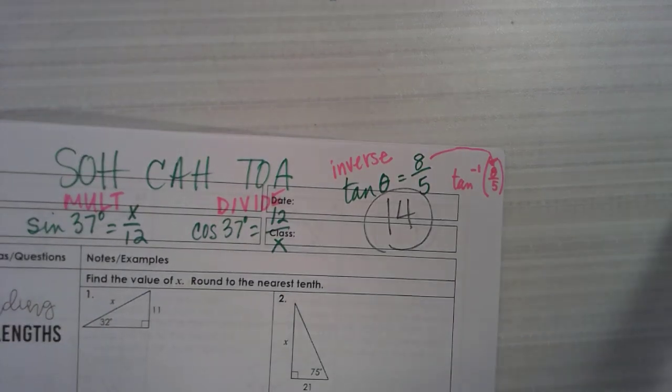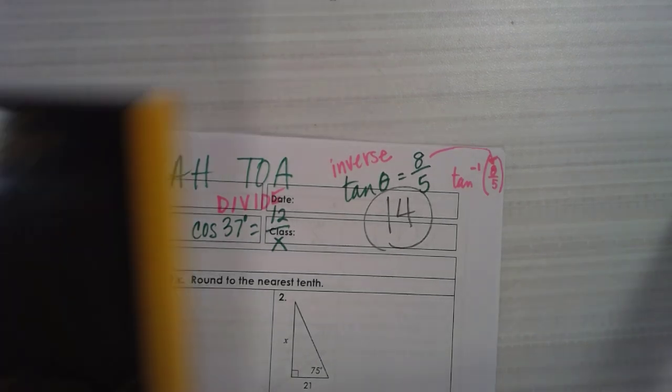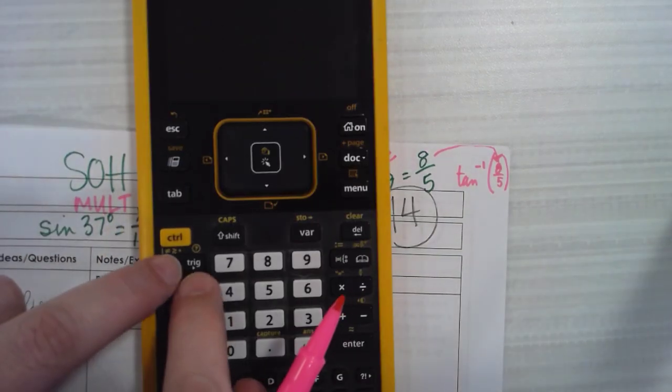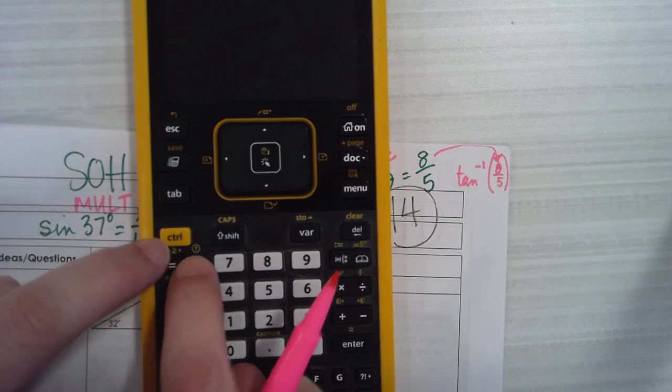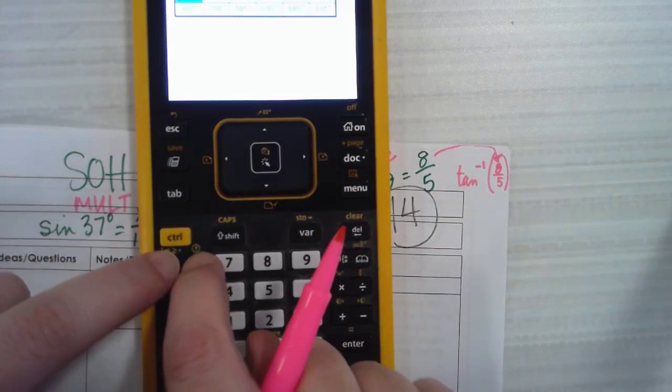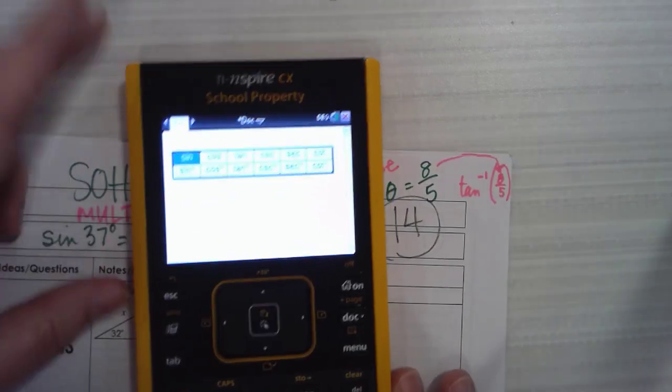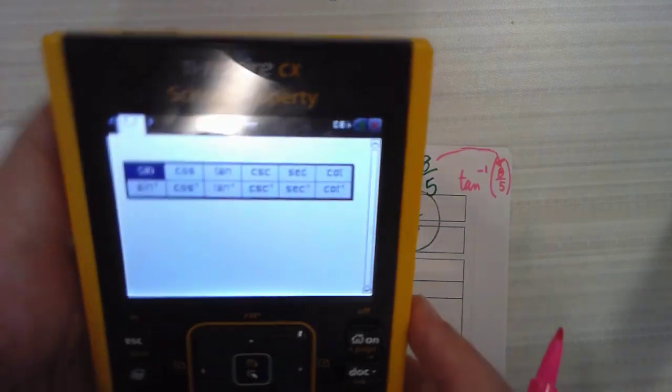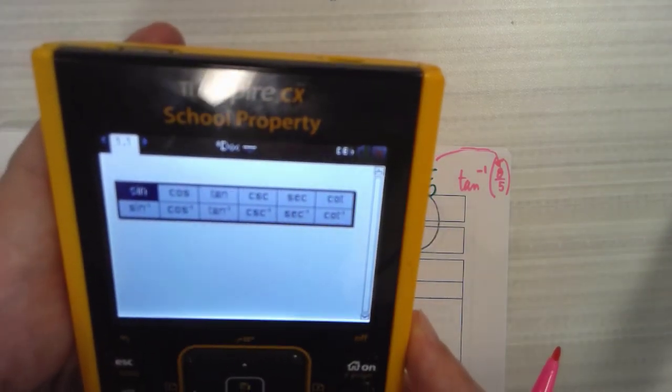It's not a tan to the -1 power. It's tan -1. So on your calculator where it has the trig button over here by the 7, okay, when you push that button, it opens up and it has, oh, this is so hard. Hold on, let me make this darker.